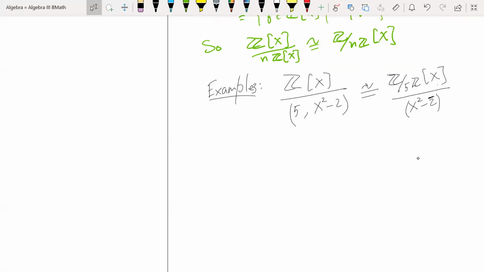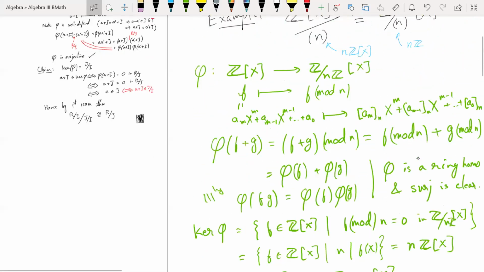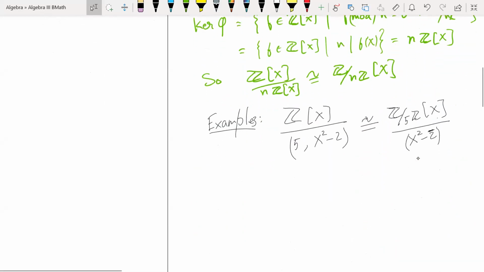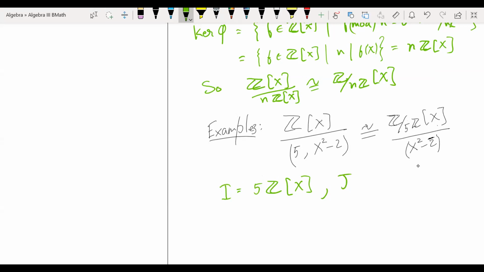So let's look at this example. Of course, here we will use the third isomorphism theorem. There are some ideals one has to worry about. We'll take I to be 5Z[x], and J to be, J was the bigger ideal, yes, J was the bigger ideal.